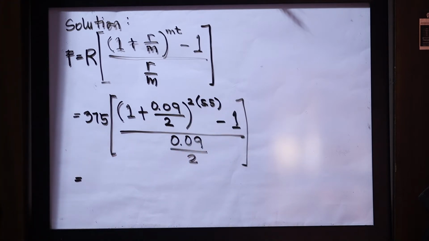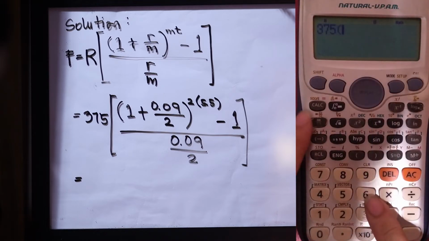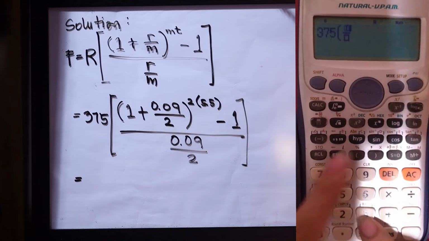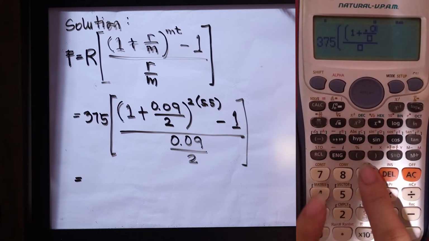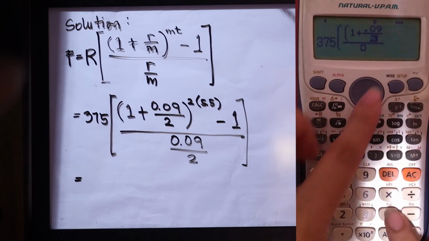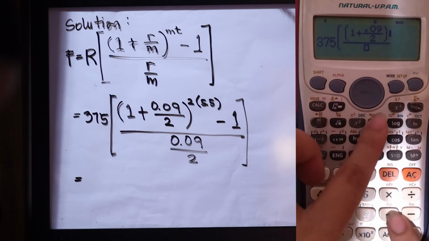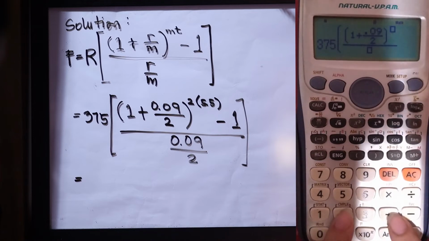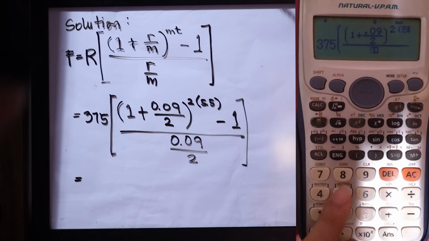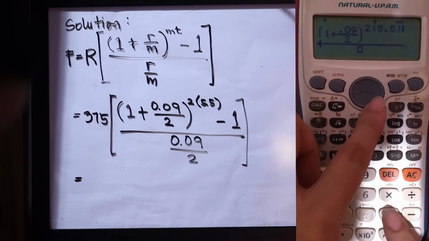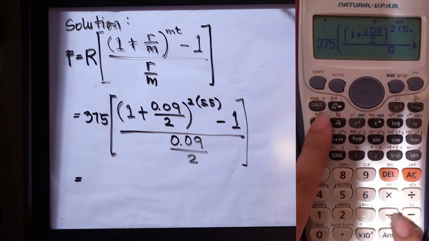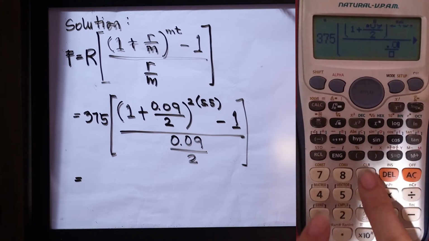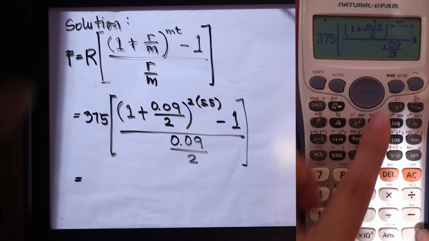So, directly solving this one in your calculator, 375, tapos open, fraction, tapos open ulit, 1 plus, fraction, ano yun, 0.09, all over 2, tapos close, tapos exponent, 2 times 5.5, close, tas down, minus 1, tas down ulit, fraction, 0.09, down 2.